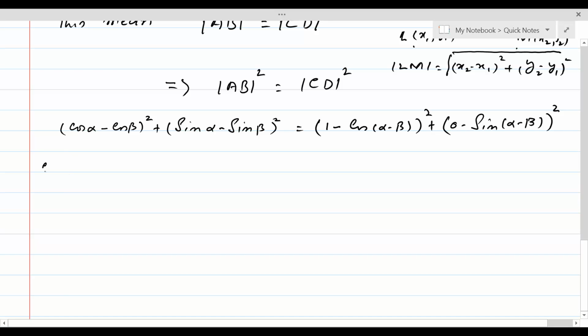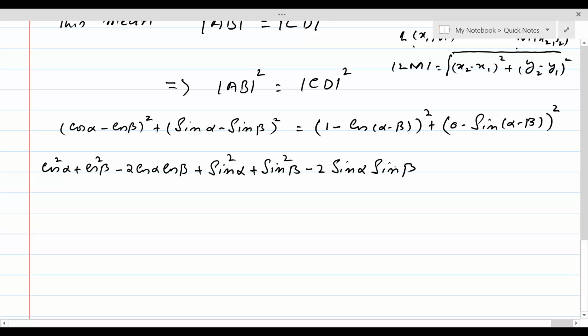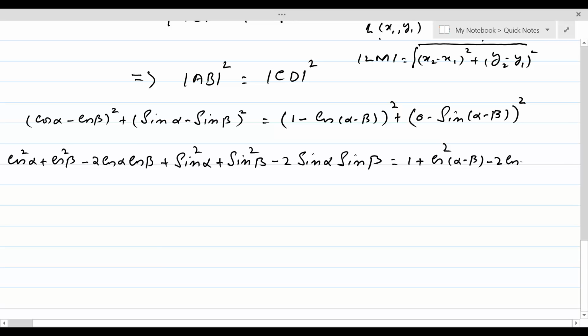So this side will become cos square alpha plus cos square beta minus 2 cos alpha cos beta plus sine square alpha plus sine square beta minus 2 sine alpha sine beta, equal to, so this would be 1 plus cos square alpha minus beta minus 2 cos alpha minus beta.